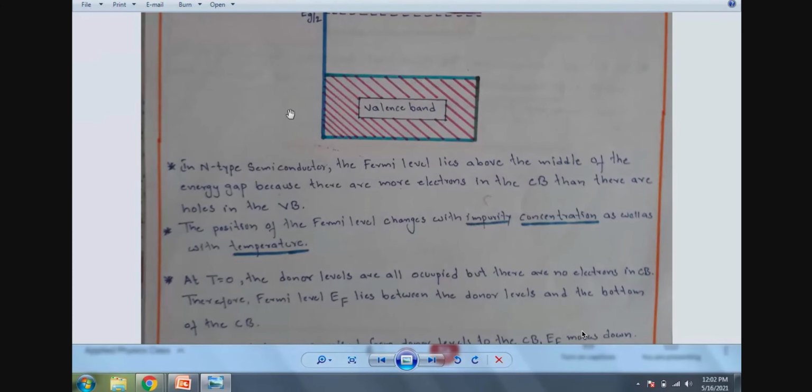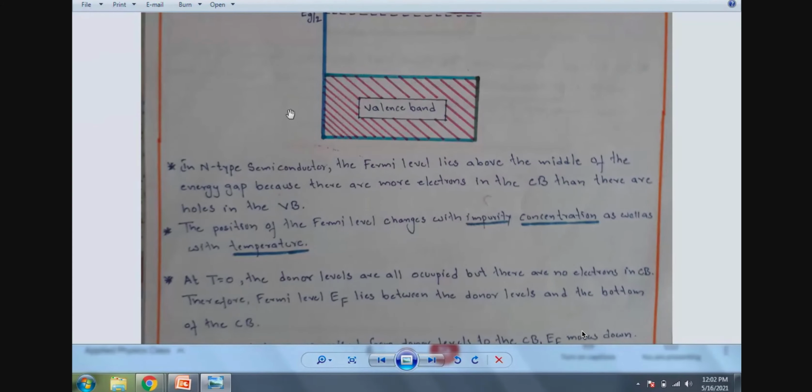So what is the meaning of this? When half of the donor atoms jump into the conduction band, with further increase in temperature, slowly the electrons present in the valence band start getting excited to the conduction band. Up to this point, all donor atoms are excited to the conduction band.